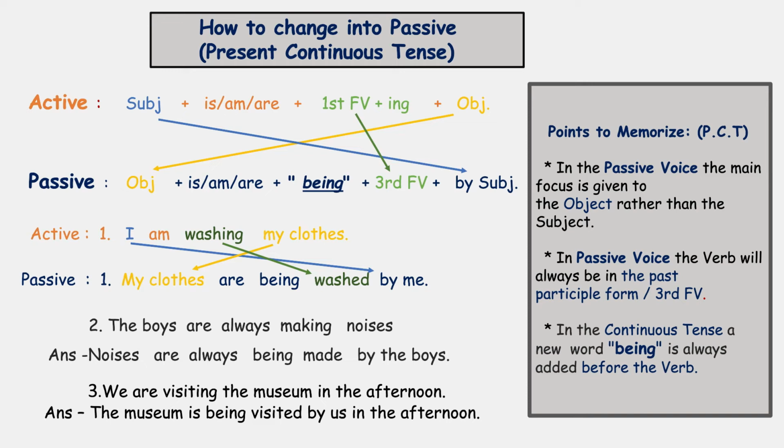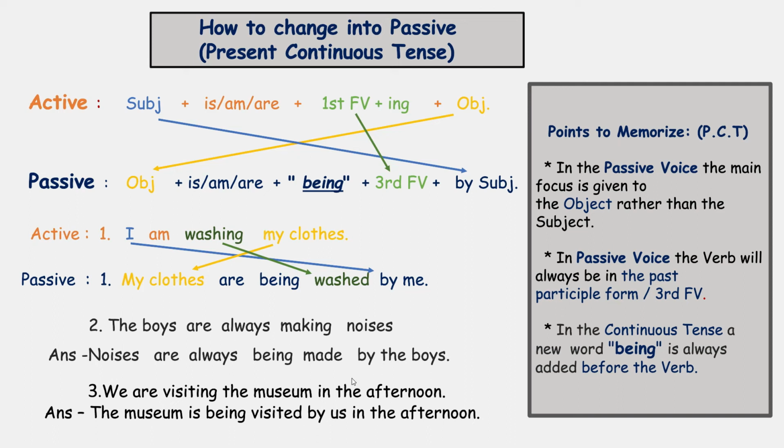The first rule was to find the subject, verb, and object whenever changing active to passive voice. We have the subject here, we have the verb here, we have the object here. Object is the noun or pronoun upon which the action is done. Where are they going to visit? The museum, not the afternoon.